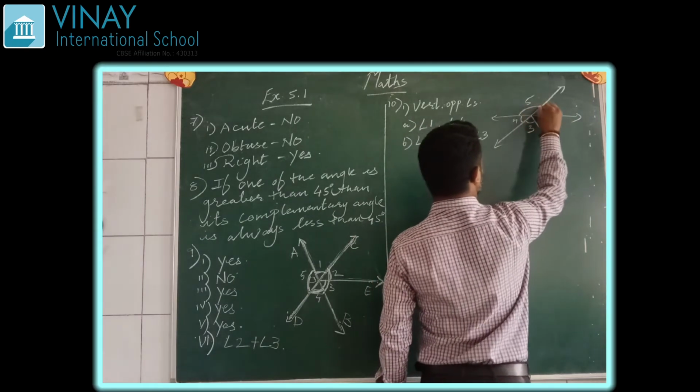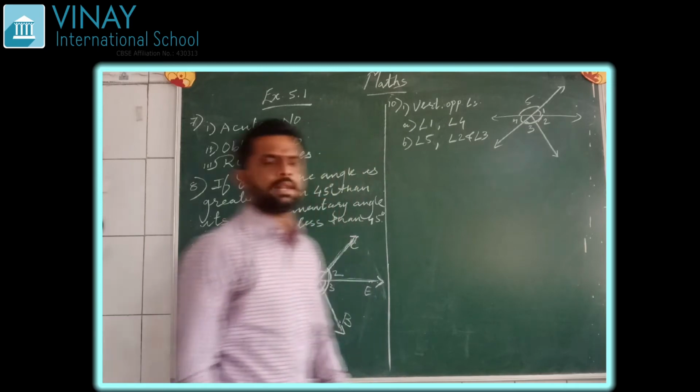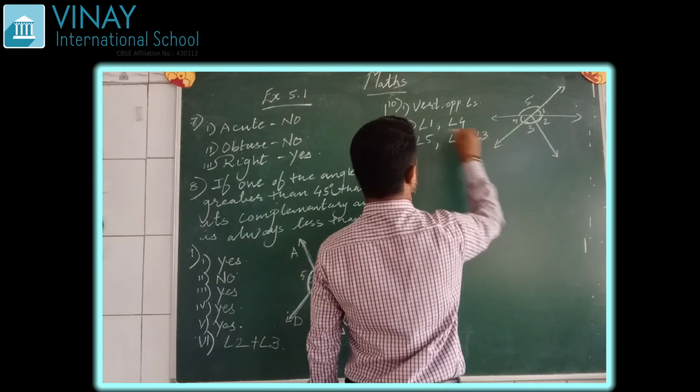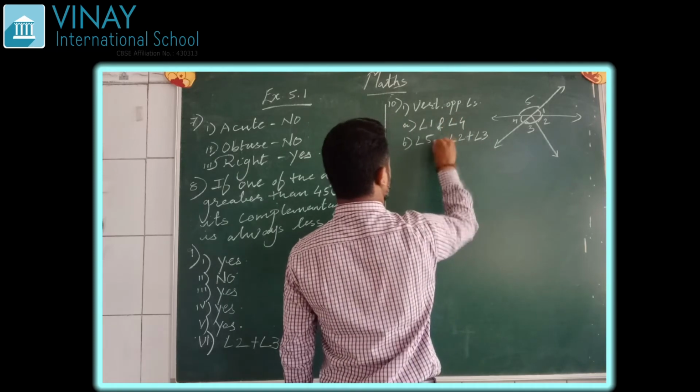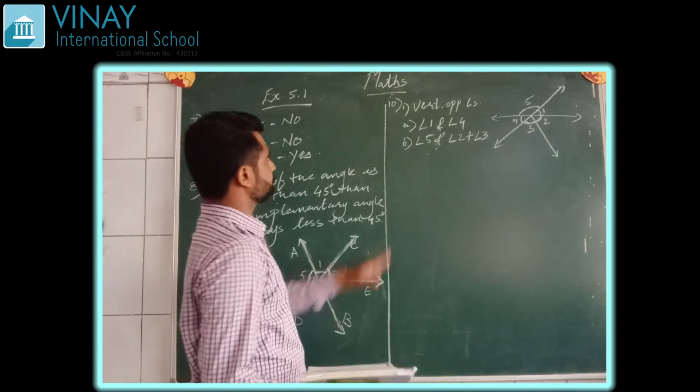That is, angle 5 is vertically opposite angle 2 plus angle 3. You can write angle 2 plus angle 3.